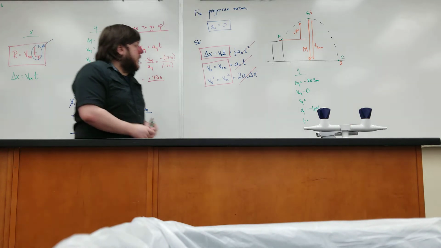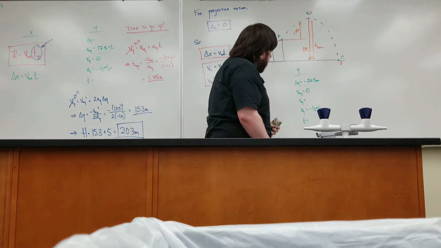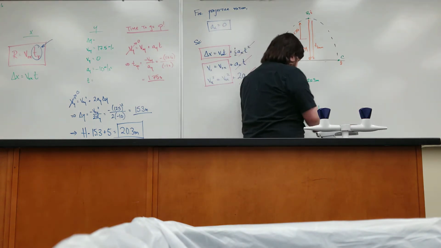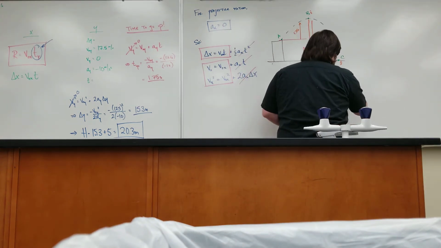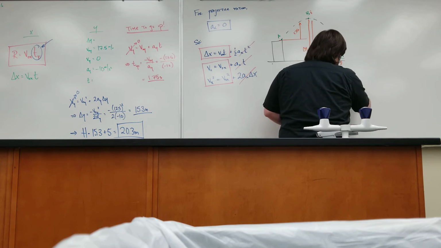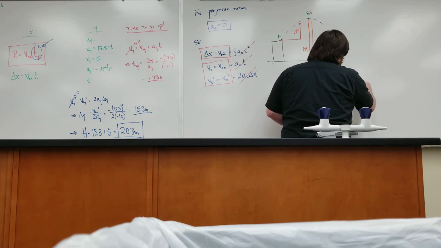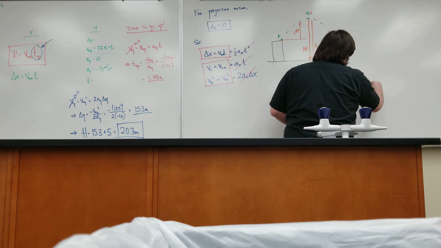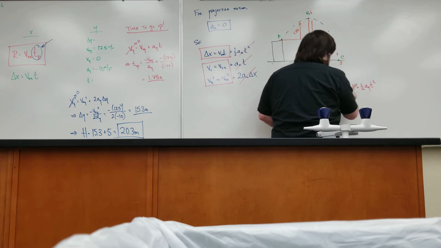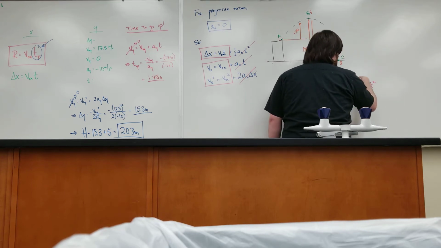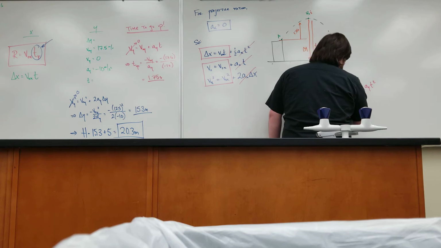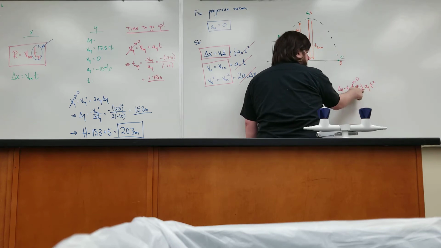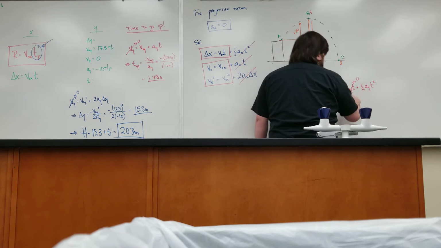Okay? Now that we know the three variables, we can solve for time. We'll use delta y is v naught y t plus 1/2 a_y t squared. V naught y is 0. To solve for time, we have to multiply by 2, divide by acceleration, and then take the square root.